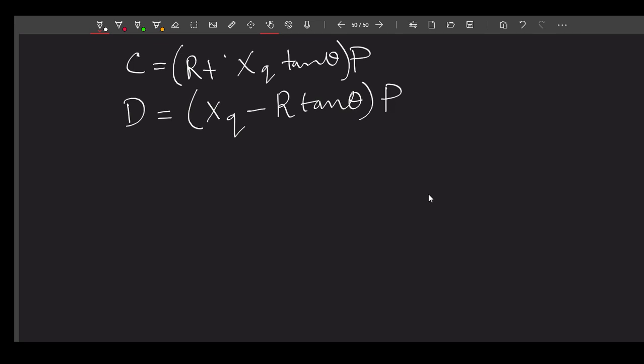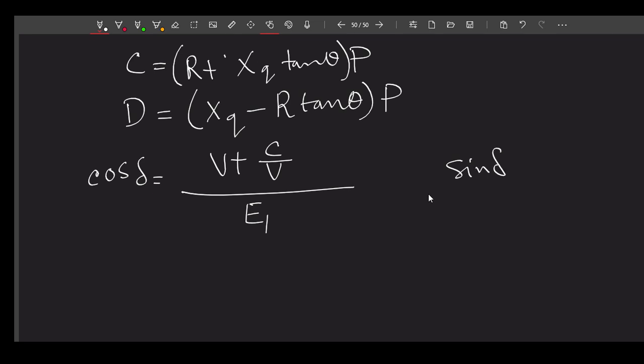Accordingly, you can also write cos delta, just like the previous problem. It is (V plus C V) by E1, and sin delta is equal to D V by E1.